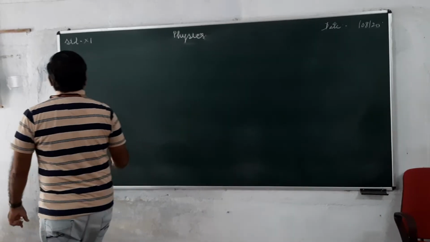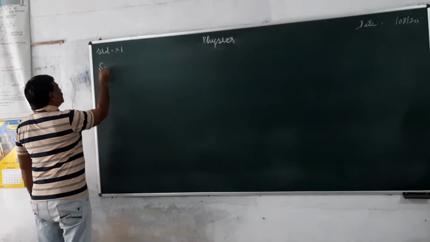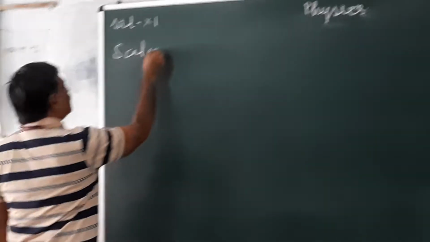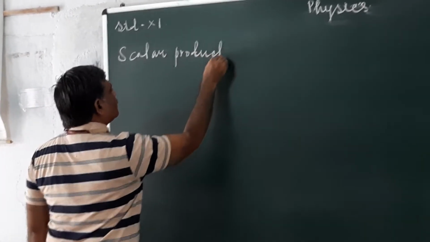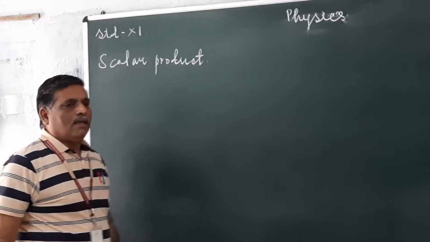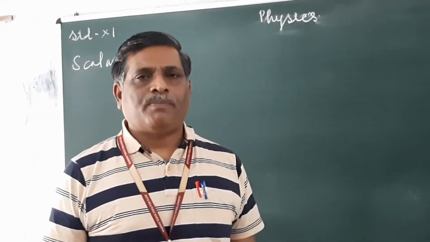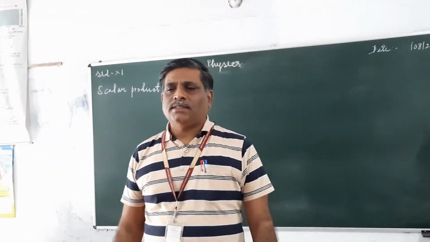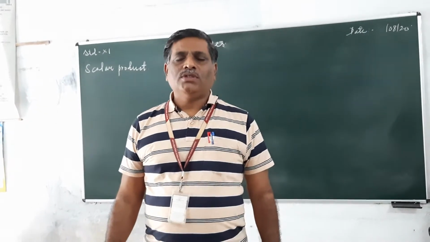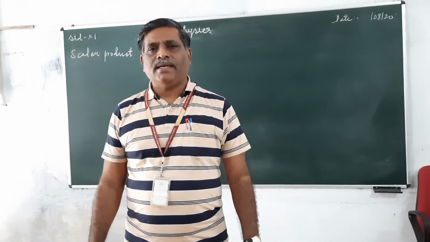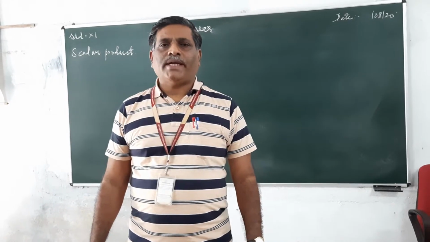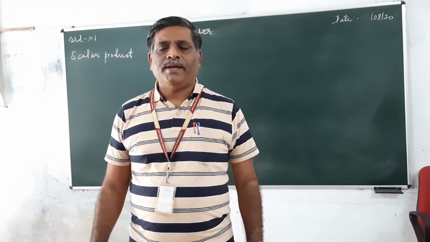What is the meaning of scalar product? Scalar product of two vectors is a scalar whose magnitude is the product of their magnitudes and cosine of the smaller angle between them.